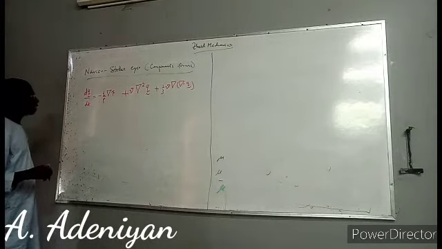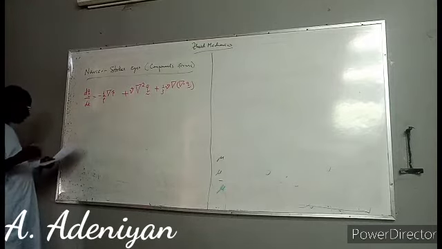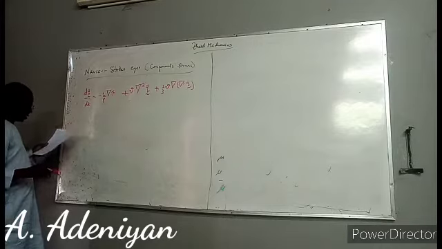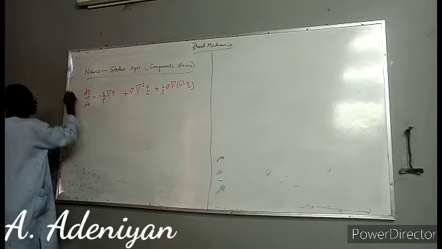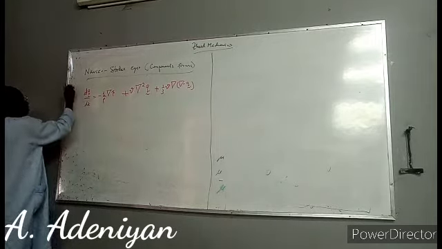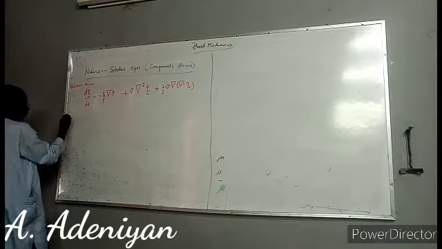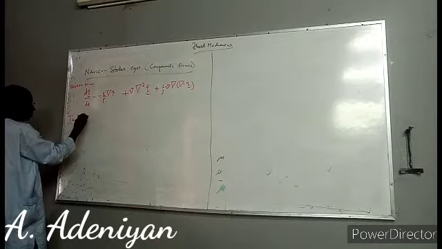So it is quite possible that we wish to expand this in the component form. This is the vector form of it. And of course we can actually put it in tensor form.